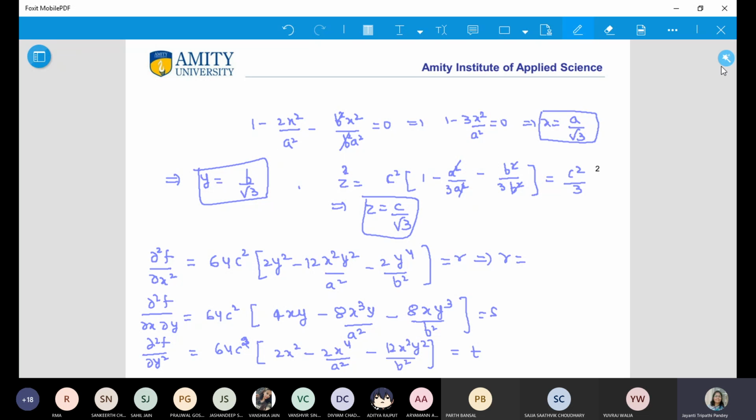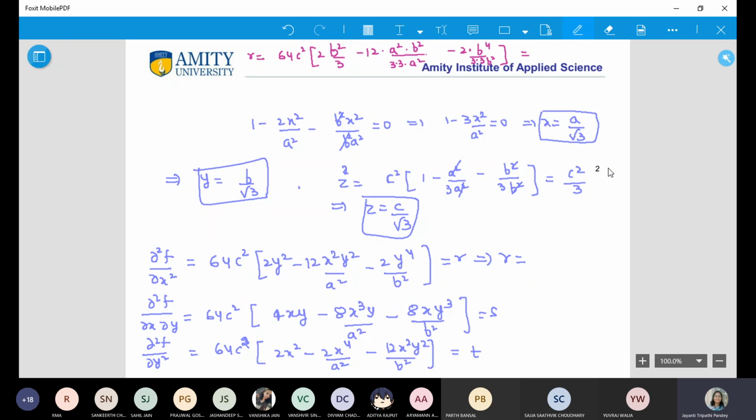So r is equal to 64c square, 2b square by 3 minus 12 a square b square upon 3 into 3 into a square minus 2 b to the power 4 upon 3 into 3b square.